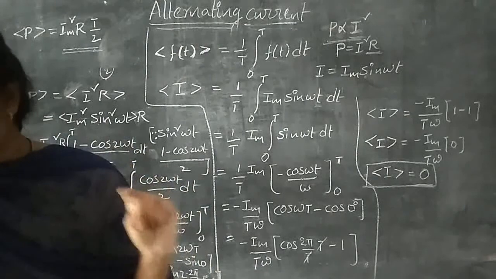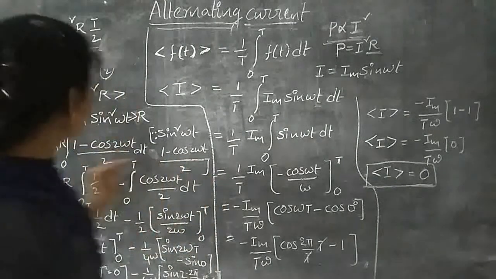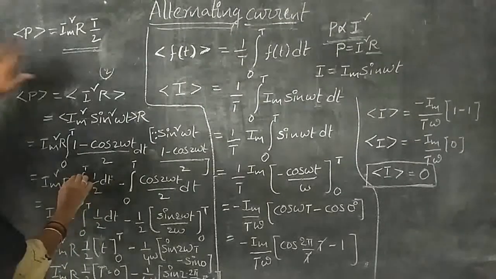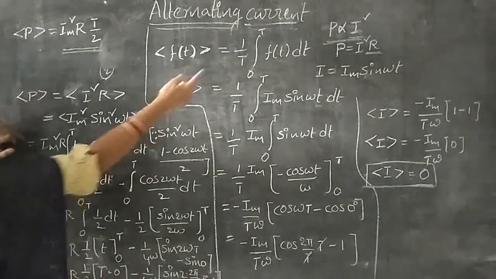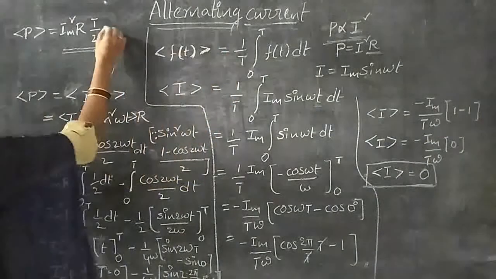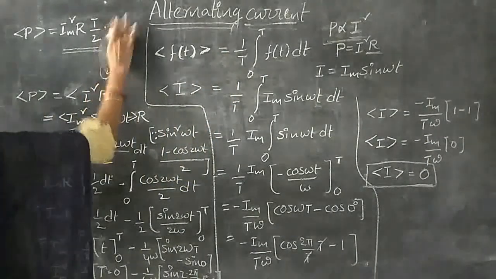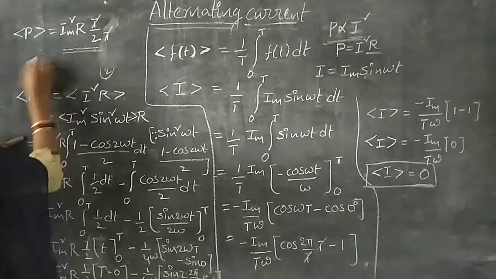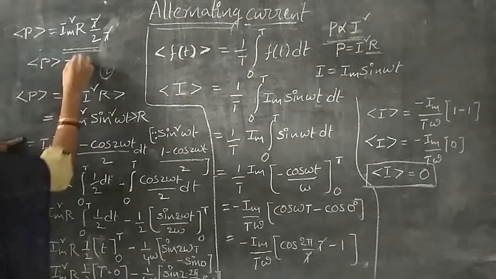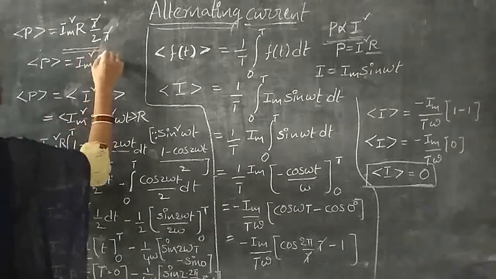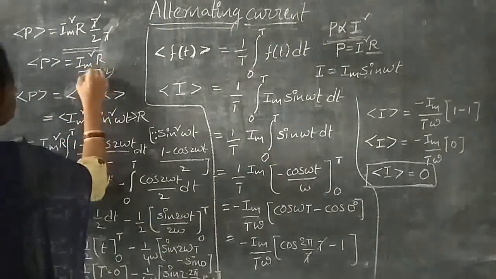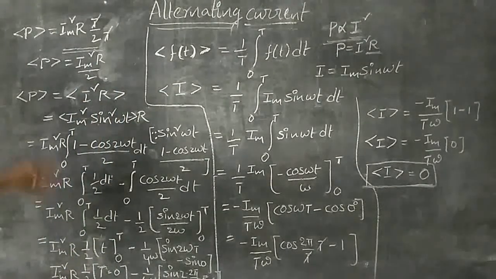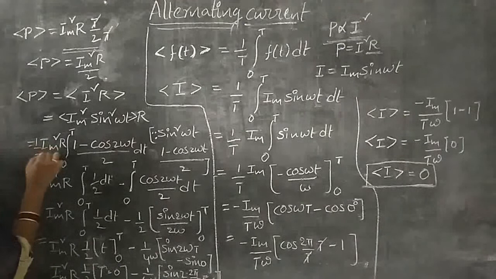So from this, what do we observe? Taking 1 by T into this, the T cancels, and the average power is equal to Im square R by 2.